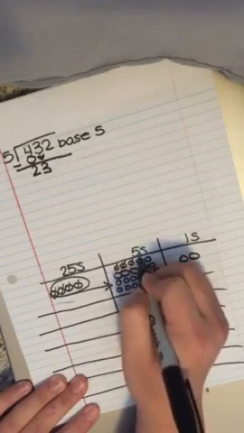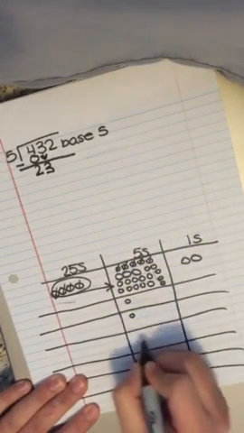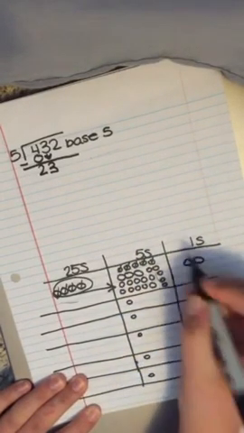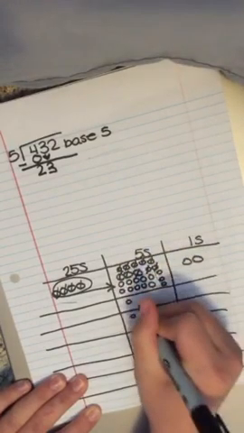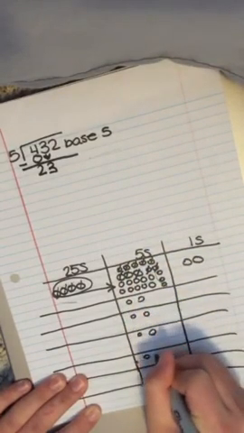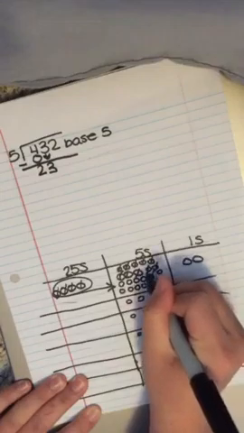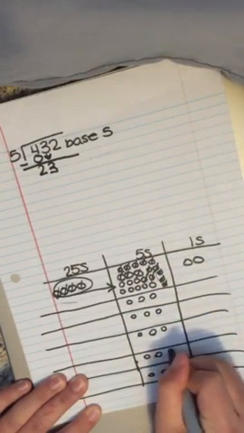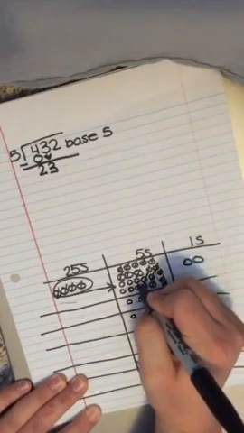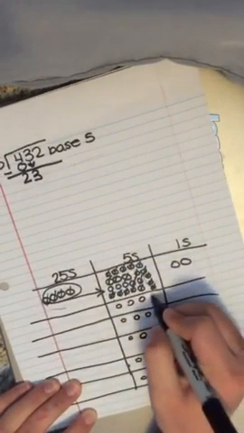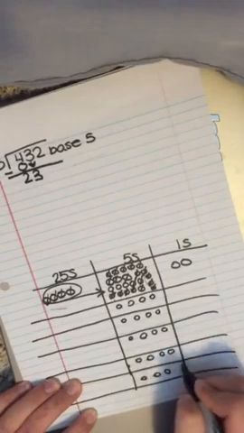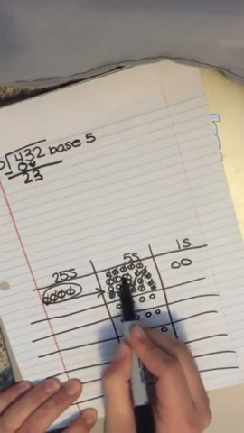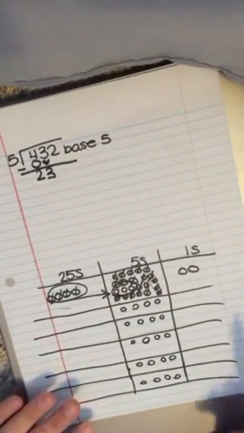So we're going to start by 1, 2, 3, 4, 5, and keep going around the groups. We have 3 chips left over.